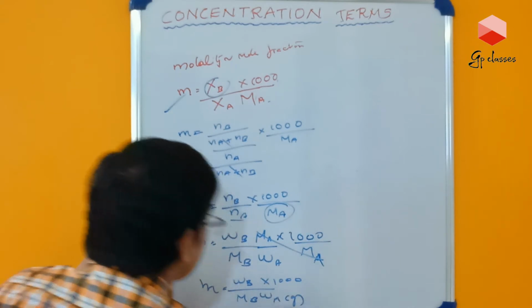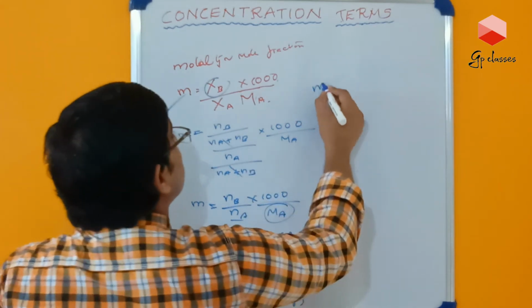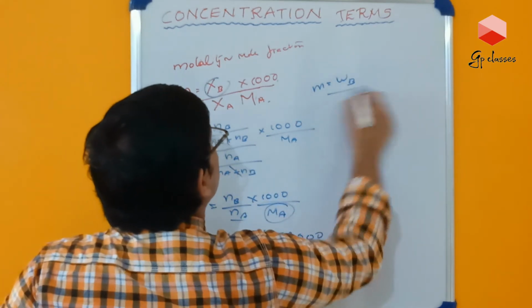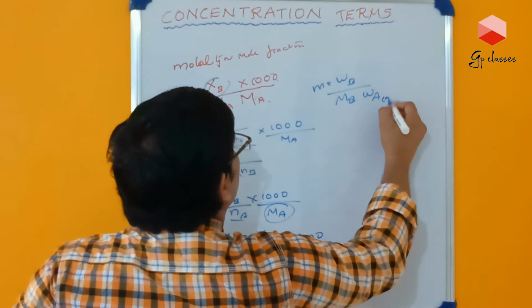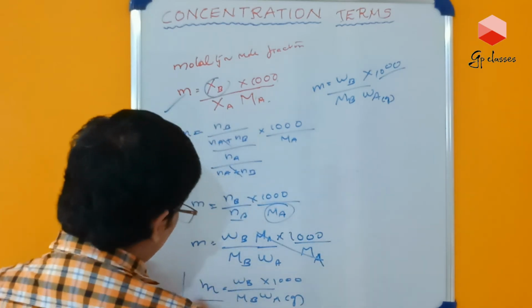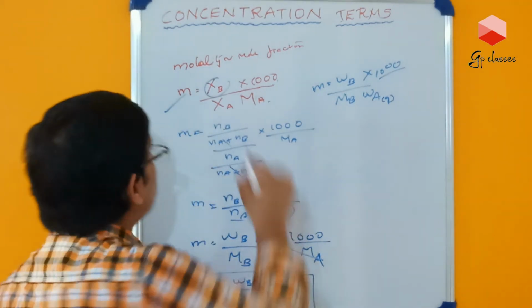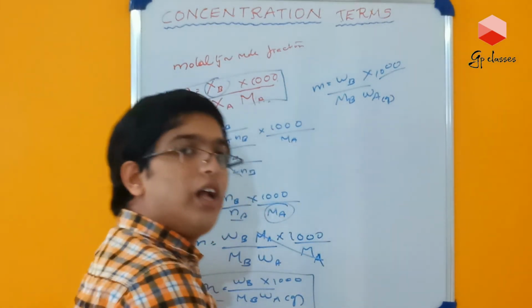Here weight is in grams. Actually molality's equation is Wb divided by Mb into Wa in grams into 1000. So the same thing you are getting here. By this we are verifying this equation. You can just memorize this equation.